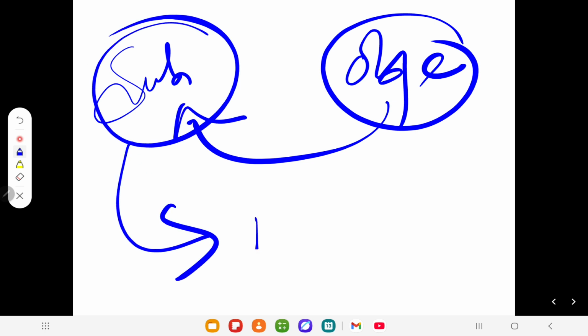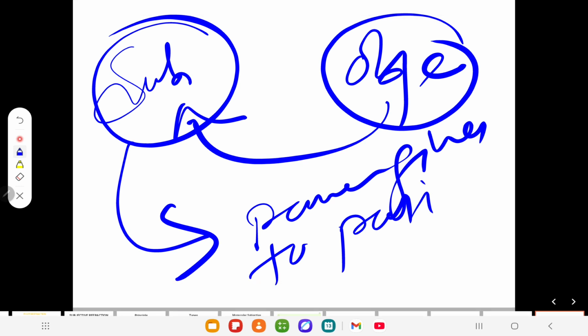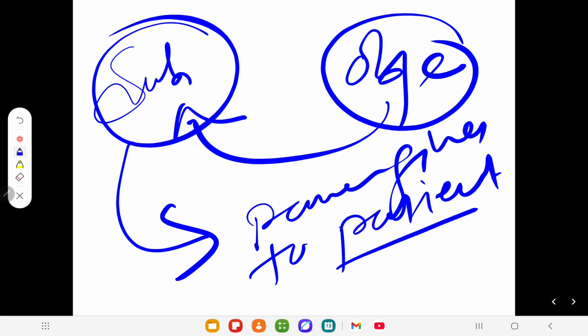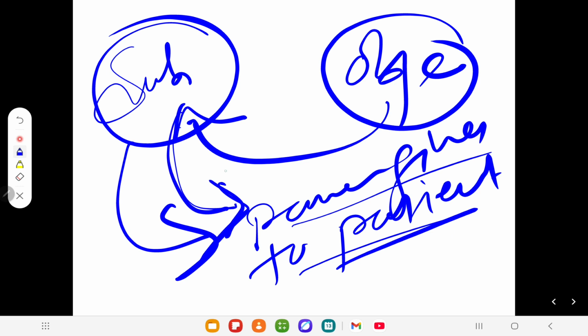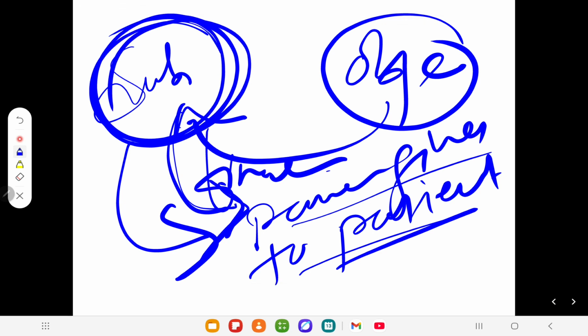Remember always, subjective refraction is the power given to patients. Whatever spectacle you are wearing is by subjective refraction. Subjective refraction is way, way, way important, because the spectacle, the final prescription, means subjective refraction. It's very important.